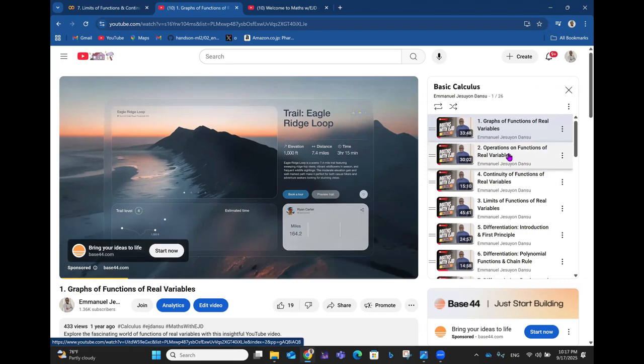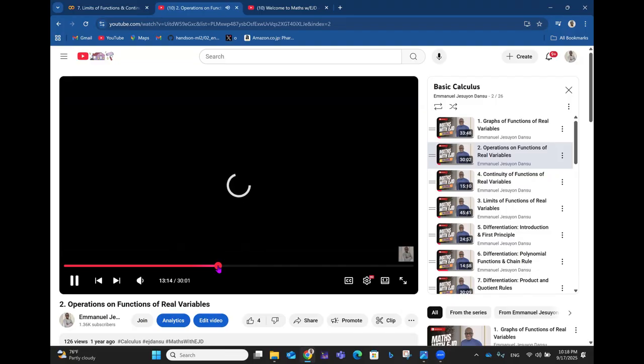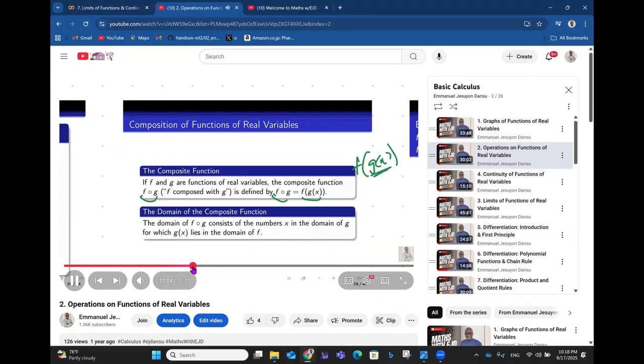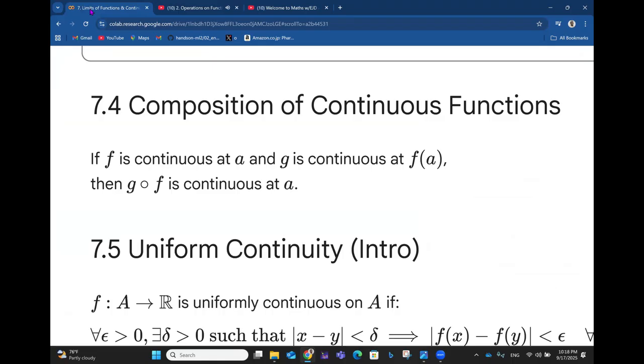Here you get to see things like composition of functions, so this deals with that idea. You can see composition of functions of real variables right here. So you want to check the second video on the basic calculus playlist. That gives more light on this idea shared here.